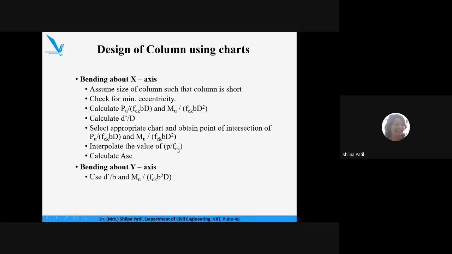You will find out the p by fck ratio, and depending upon that you can find out Asc. Okay. So for bending about x-axis, these are the steps, and for bending about y-axis, instead of this ratio d dash by d, we have to make use of d dash by b ratio, and we have to repeat all these same steps. Okay, the Mu formula will also be different. It will be Mu upon fck b square d.